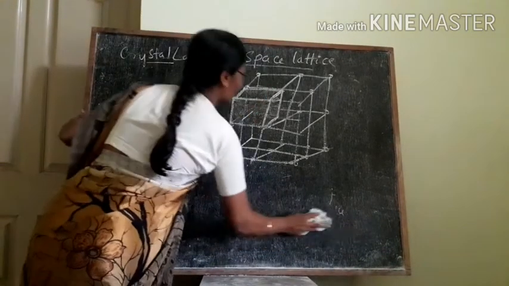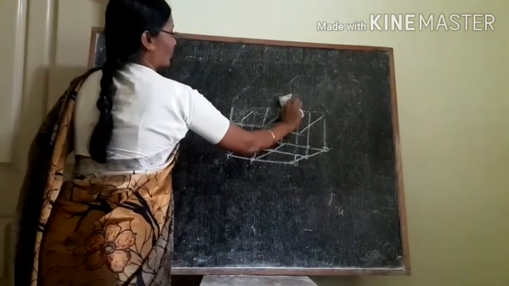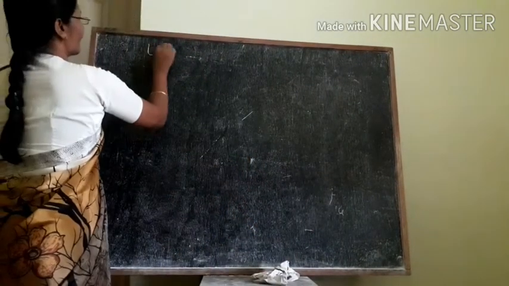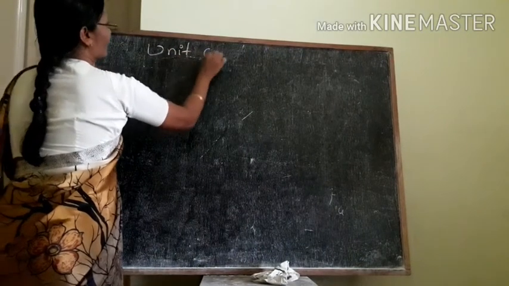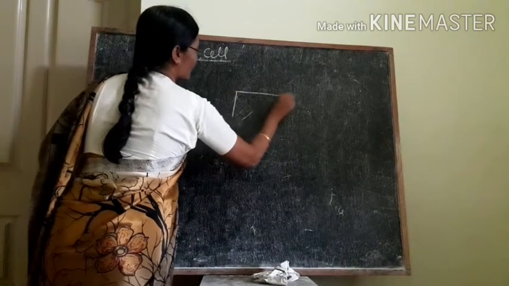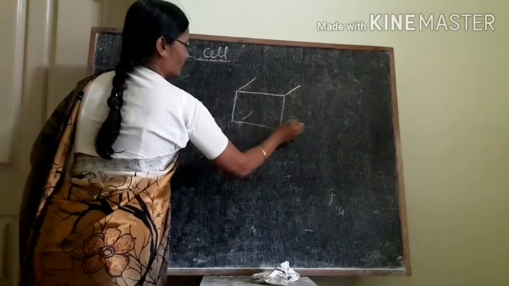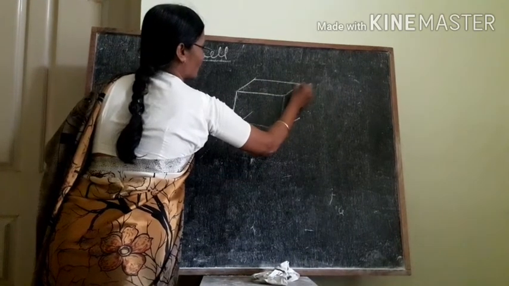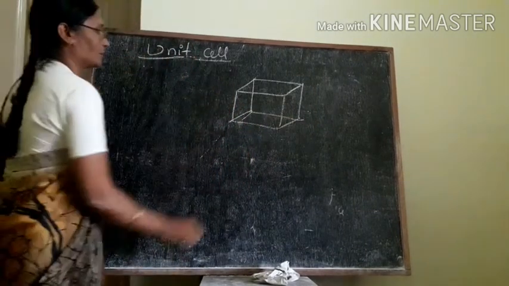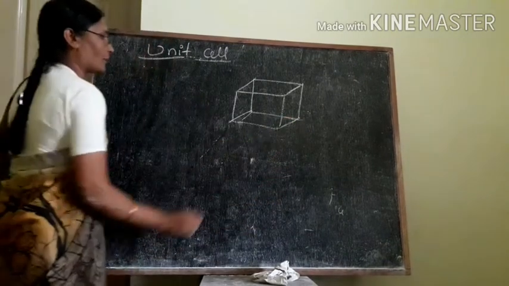So what is the name of that small portion? It is called a unit cell. You can represent that small portion very clearly. This type of diagrams are important. Okay, this is a simple cube, or you can say that it is a unit cell.